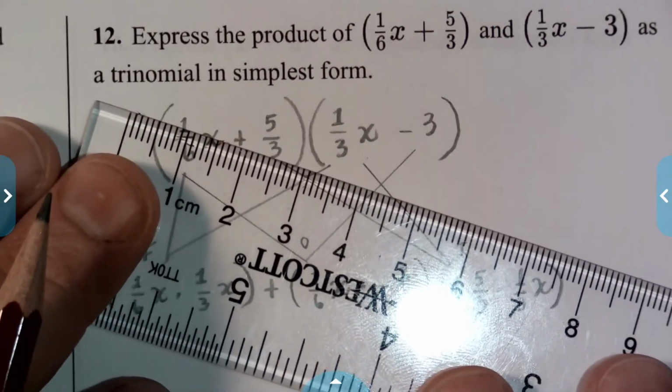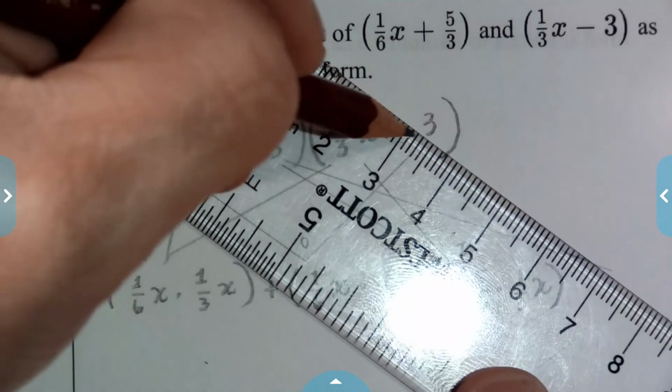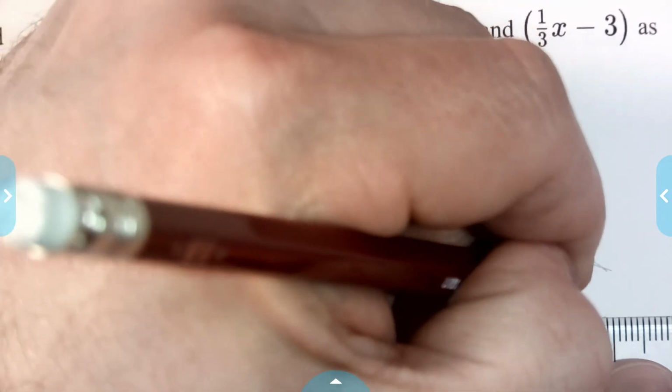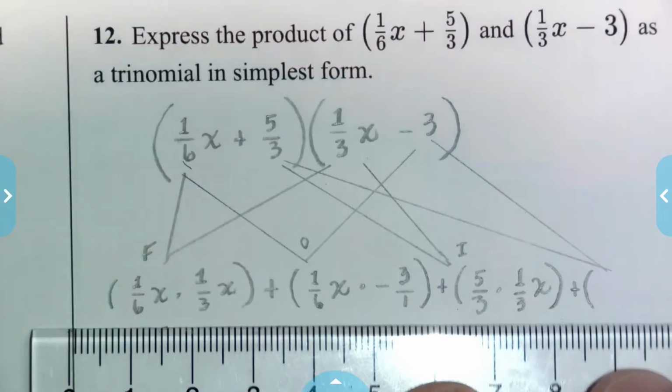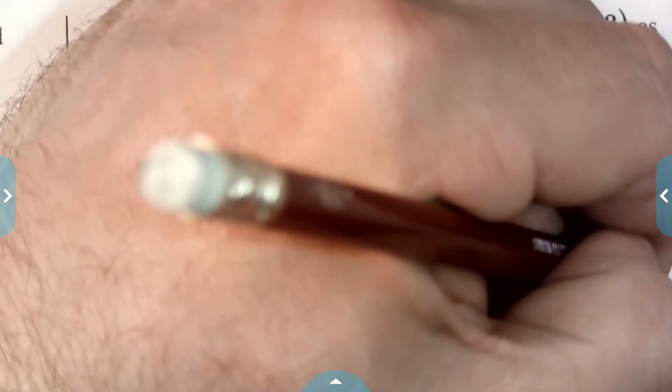So that's going to be 5/3 times -3. Okay, 5/3 is last. 5 over 3 times -3 over 1.